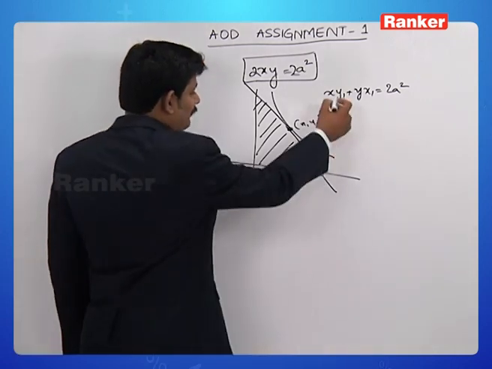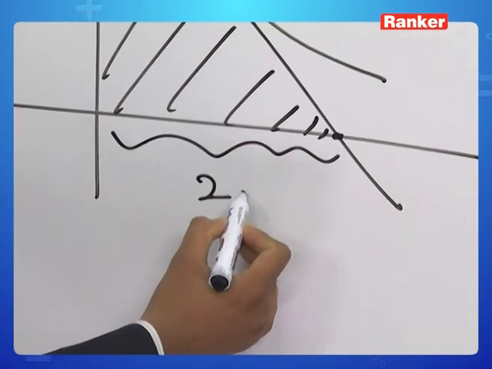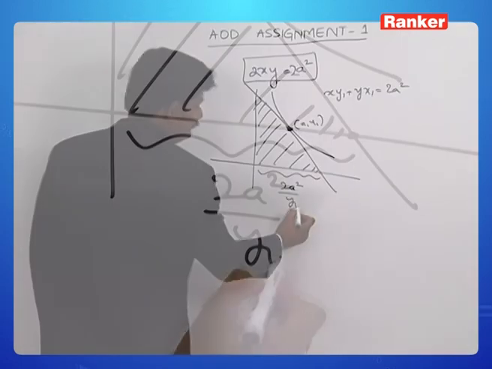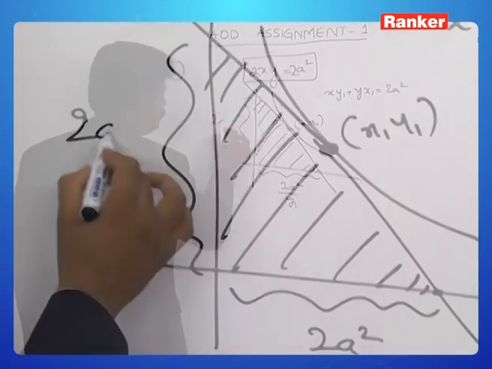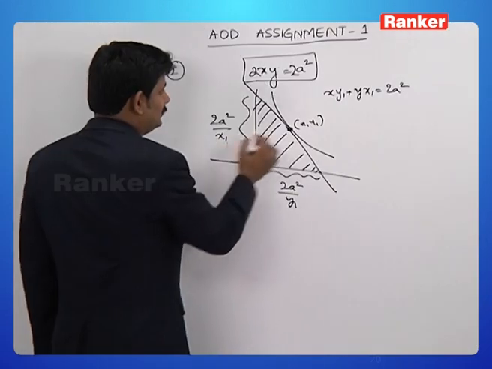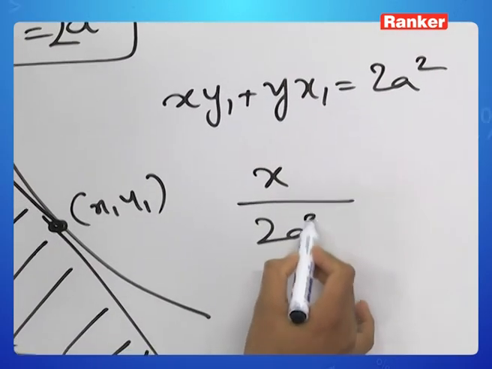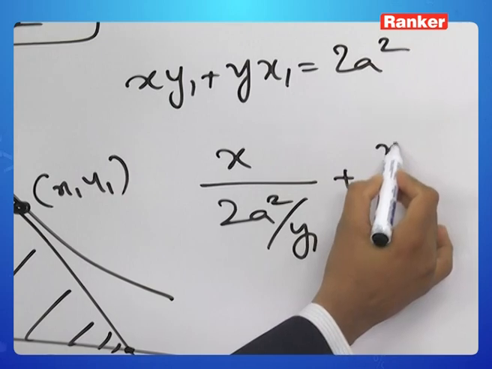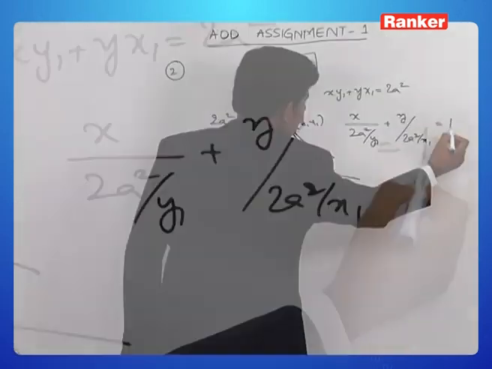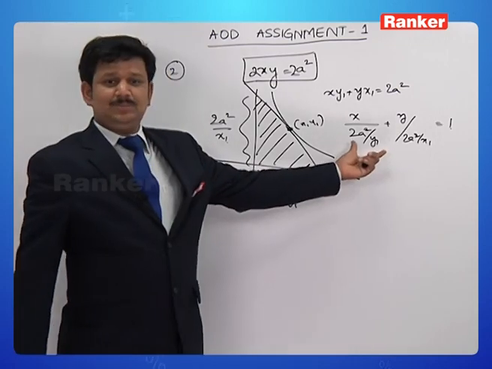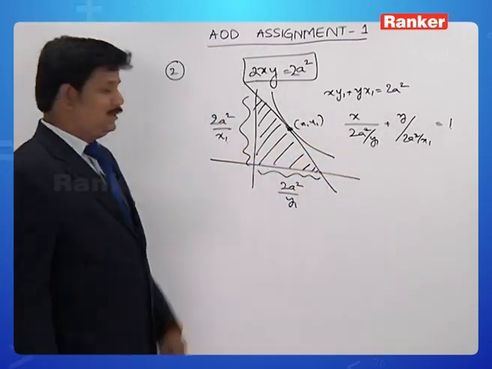From there, we can see the x-intercept is 2a square by y1 and the y-intercept is 2a square by x1. If I bring the 2a square to the other side, it is x by 2a square by y1 plus y by 2a square by x1 is equal to 1. So x-intercept is 2a square by y1 and y-intercept is 2a square by x1.